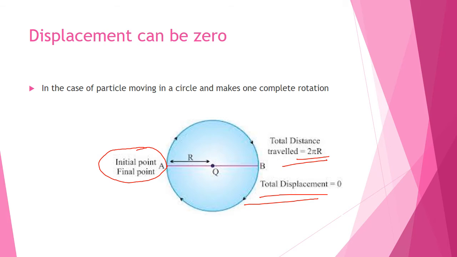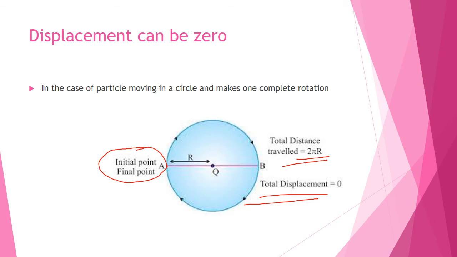Now in that table we saw that displacement can be 0. Where can displacement be 0? Here I am giving one example. Suppose a particle is moving in a circle and makes one complete rotation. The particle starts from A, makes one complete rotation and comes back to A. So the total distance, you know, is along the circumference of the circle, that is 2 pi r.